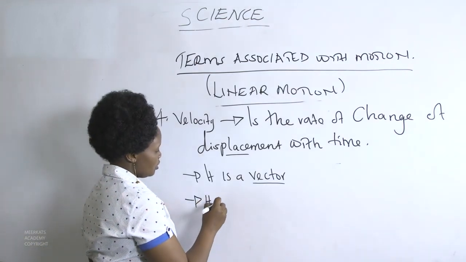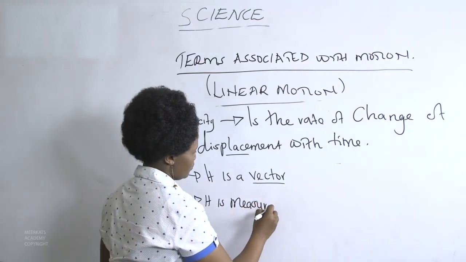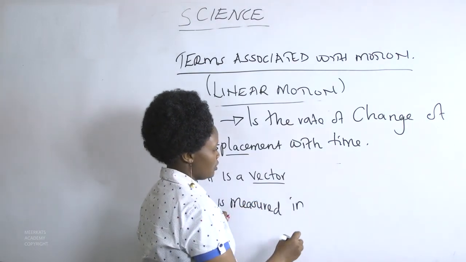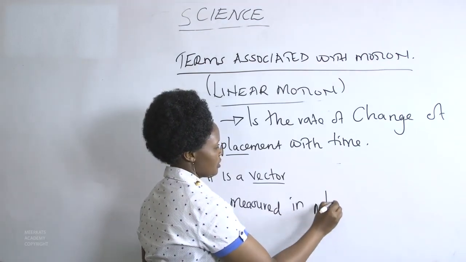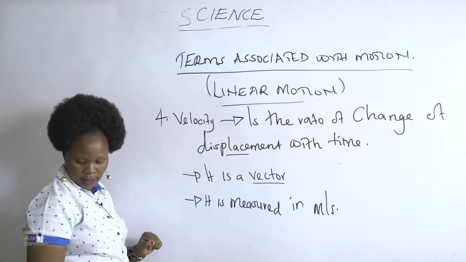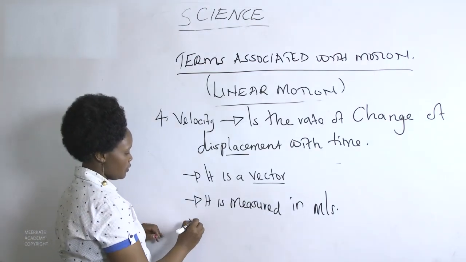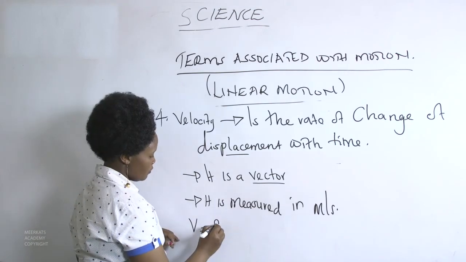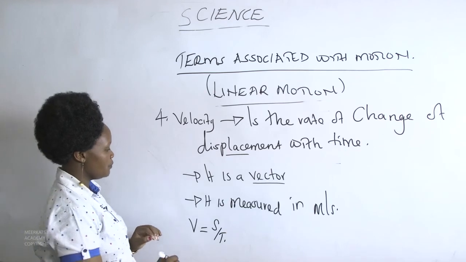It is measured in meters per second, and numerically velocity is given by displacement over time.